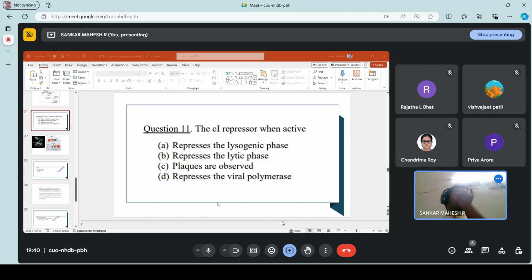So what is lytic phase? When DNA is introduced in bacterial cells, and then those bacterial cells are disrupted.